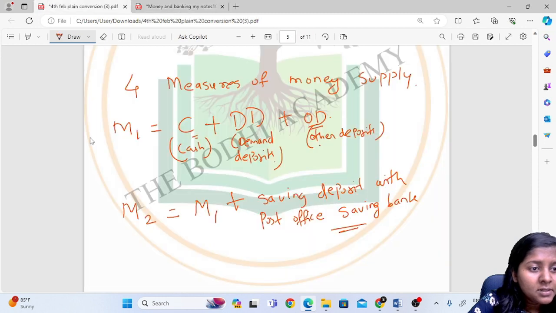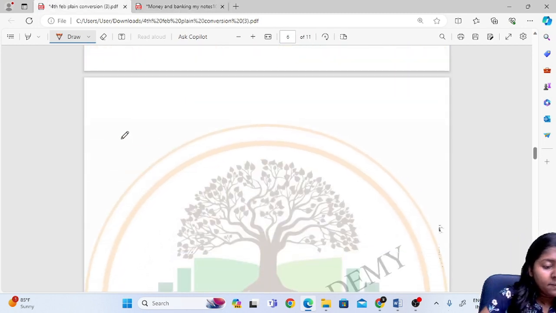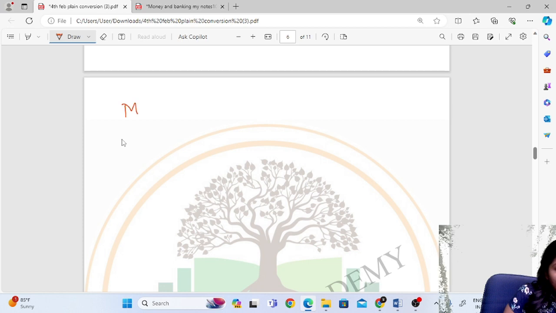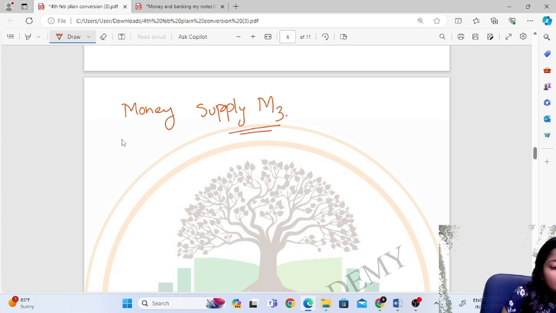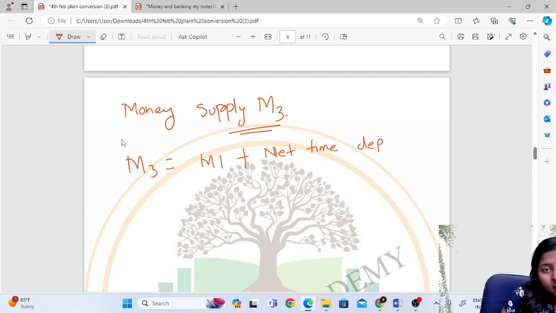Then the next measurement is M3, money supply. M3 includes M1 plus net time deposits with commercial banks.